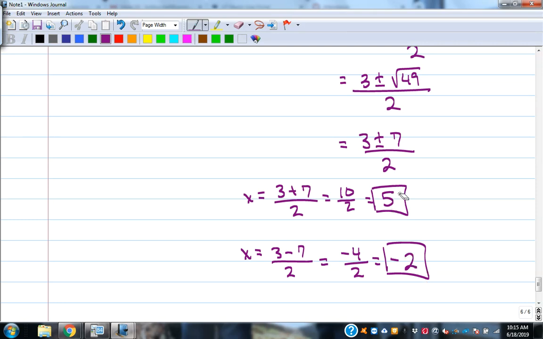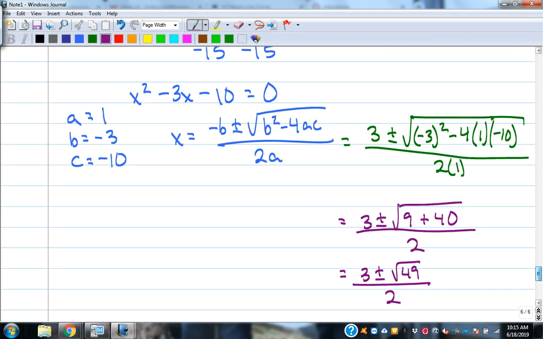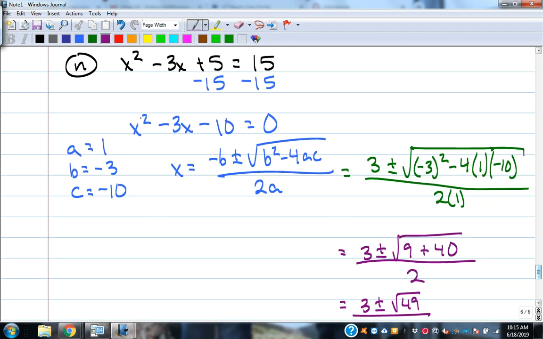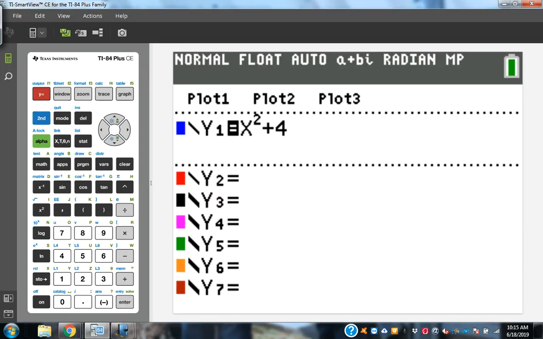Okay, that tells me that it should be crossing the x-axis at those two places, and those are easy to check. Remember, to check something, we're going to graph it. So we're going to take this problem right here where we had it equal to 0, and we're going to graph this part over here on the left. So y equals x squared minus 3x minus 10.